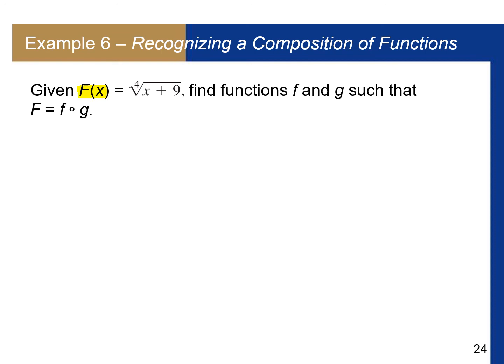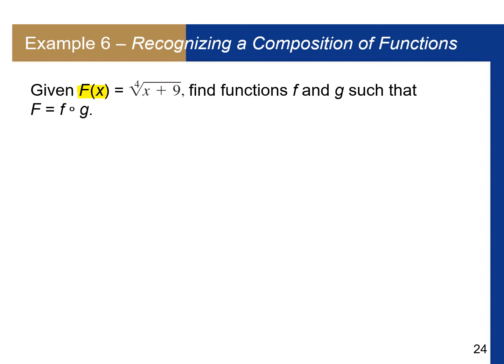So I would say, well, I take a number and add 9 to it. Then I take the 4th root of that. Anytime you say then, you could actually change it to a composition.